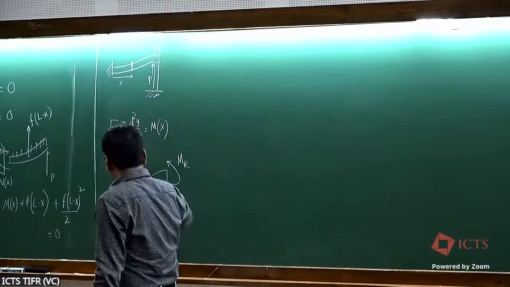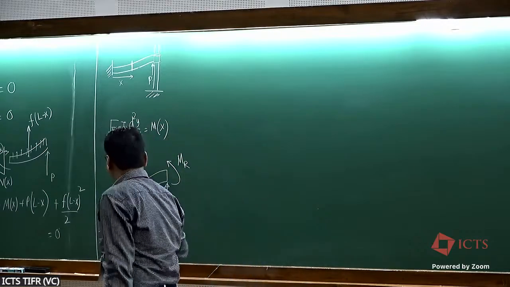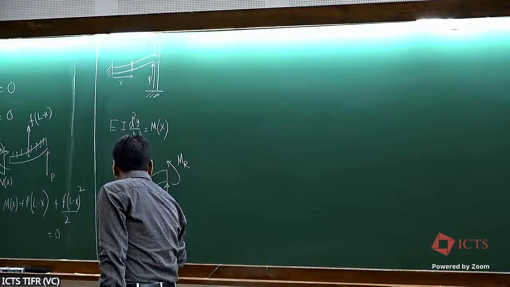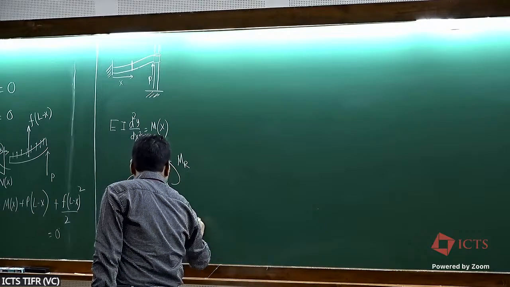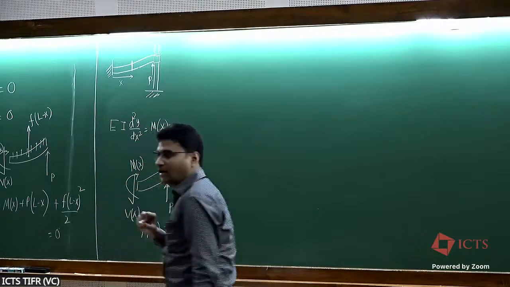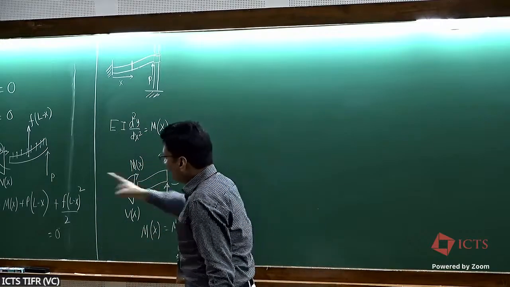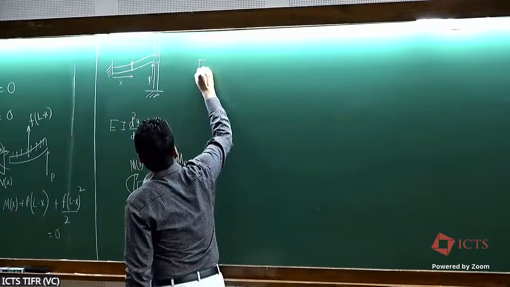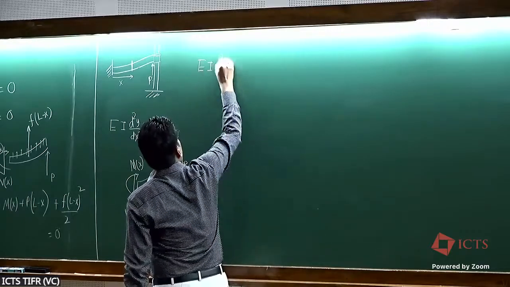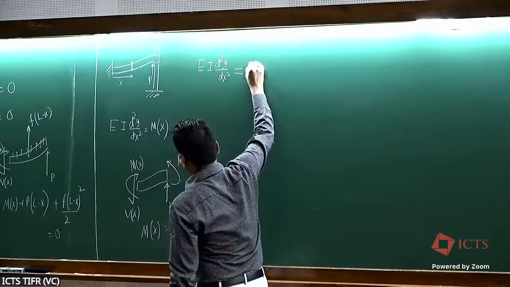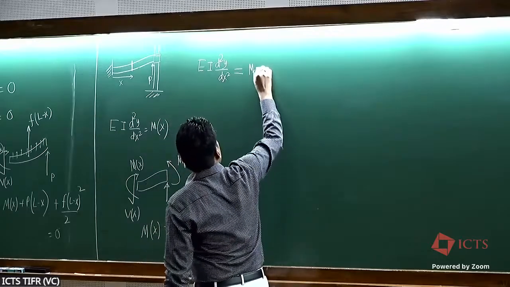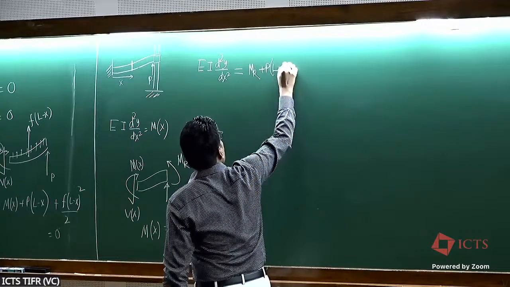With that, once you again do the moment balance, you'll find that M of x is equal to MR plus P times L minus x. Then you plug that in your equation: EI d2y over dx2 equal to MR plus P into L minus x.